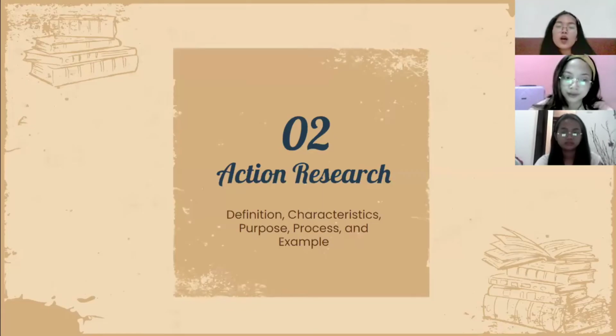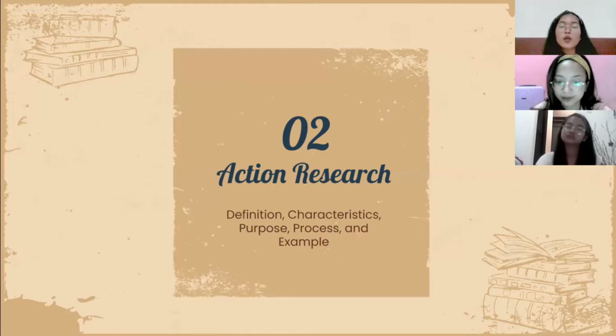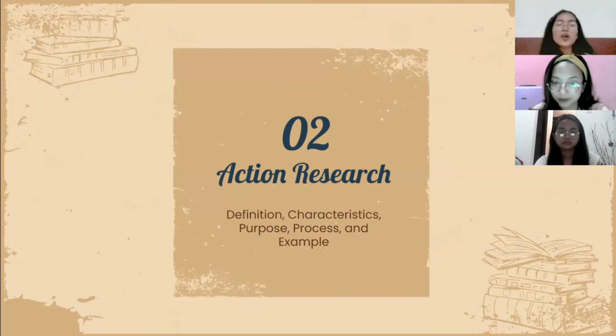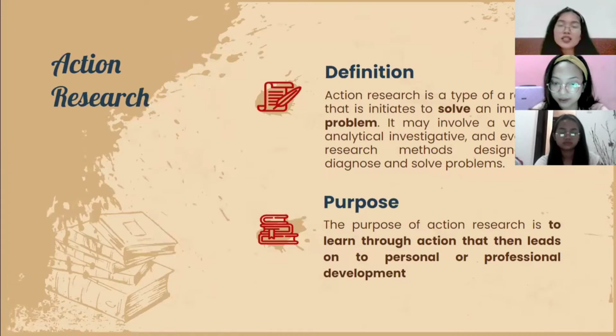Next, we continue our discussion into the action research topic. And our key discussion will be about the definition, characteristics, purpose, process, and examples. So what is action research? Action research is a type of research that is initiated to solve an immediate problem.